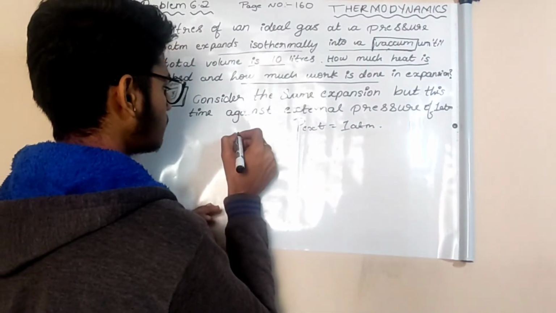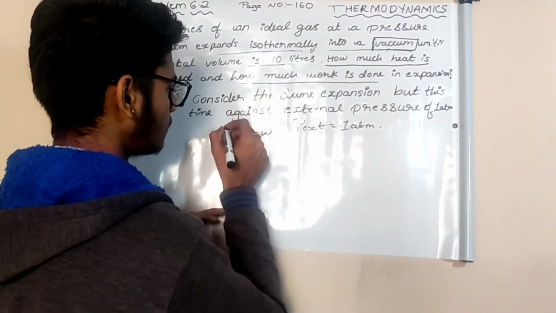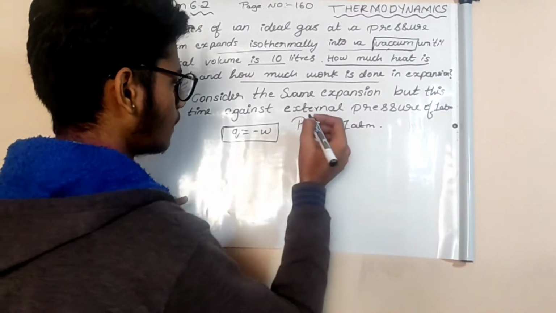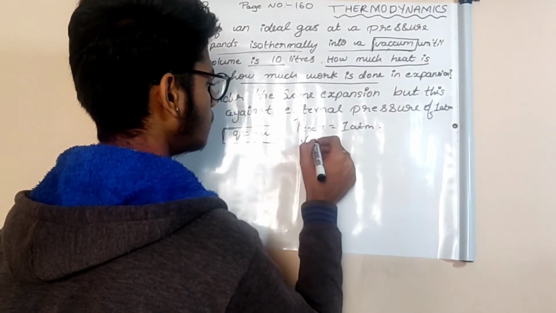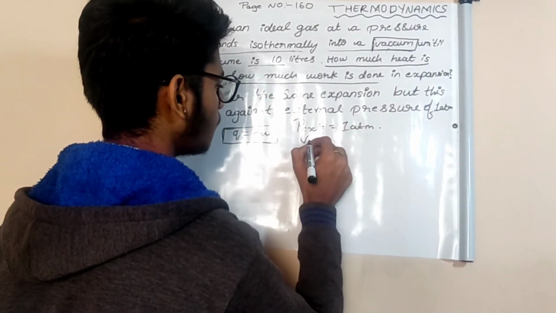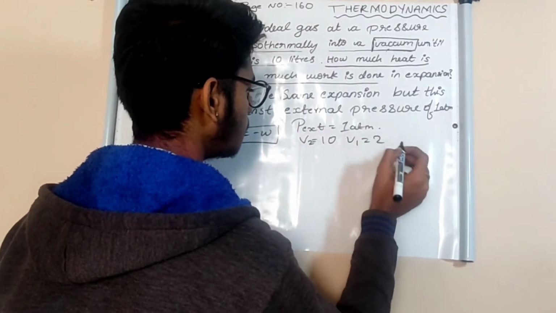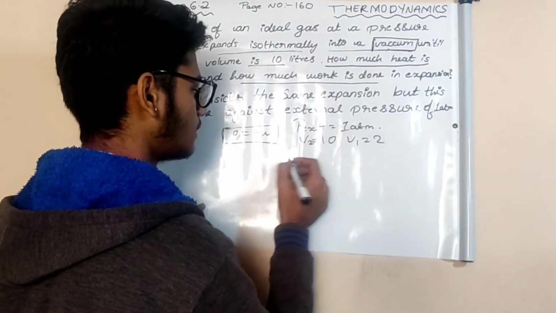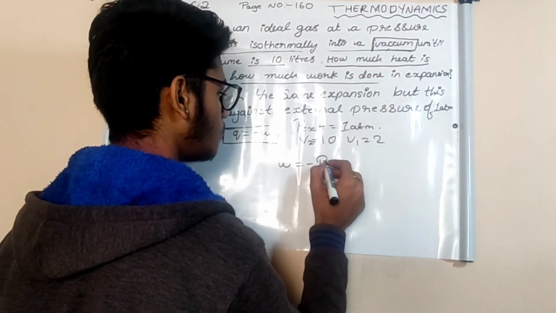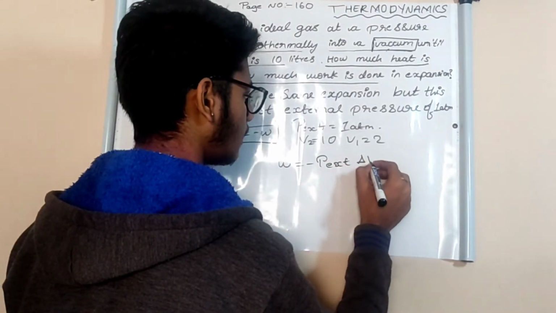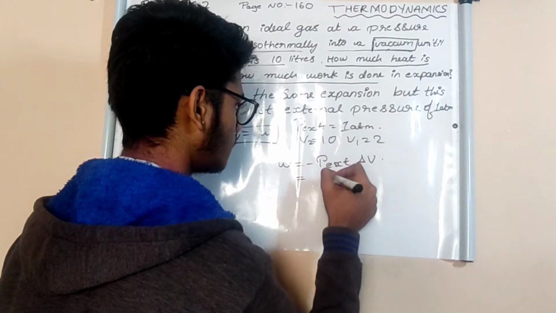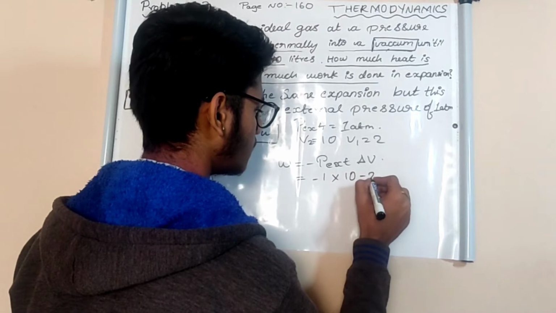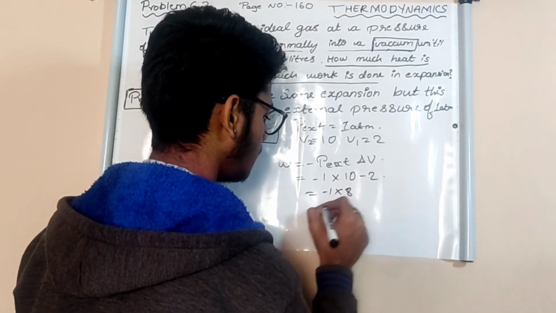We already know that Q is equal to minus W. So here the volume is the same expansion, so V2 equals 10, V1 equals 2. When pressure and volume are given, we should find the work done. The formula for that is W equals minus P external delta V. So substitute this here: minus 1 into 10 minus 2, minus 1 into 8, is equal to minus 8.